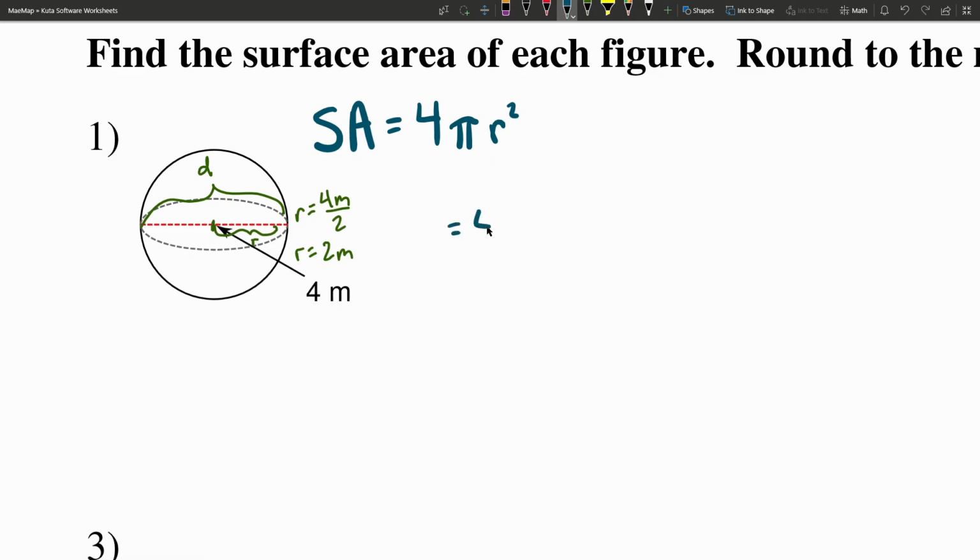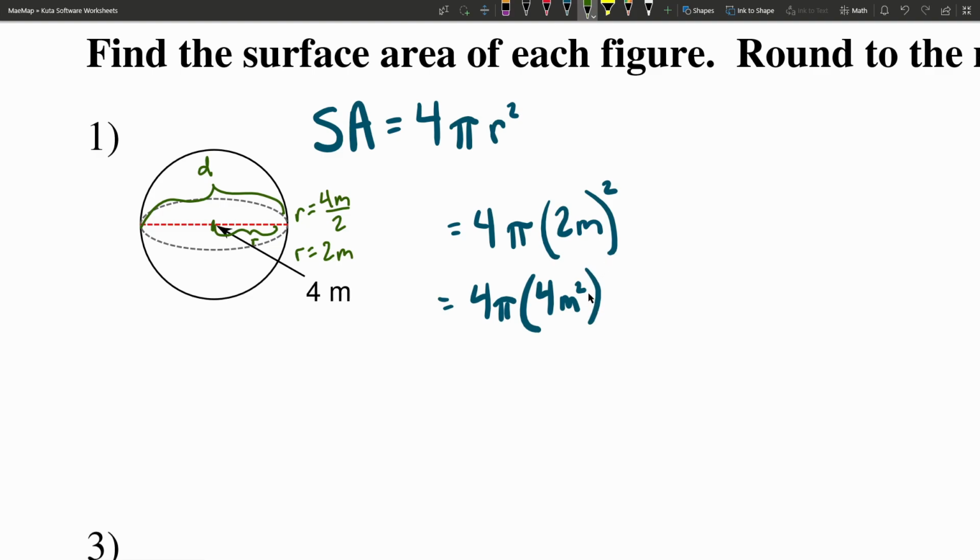So we're going to have 4 times pi times r, which is 2 meters, and that quantity squared. 2 meters squared is the same as 2 meters times 2 meters. So we're going to have 4 pi times 2 meters squared. 2 squared is 4. Meters times meters is meters squared.